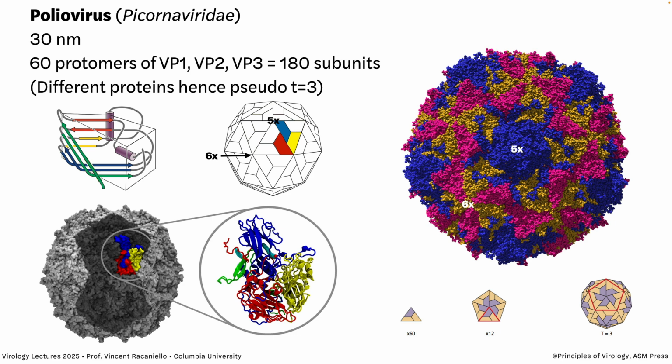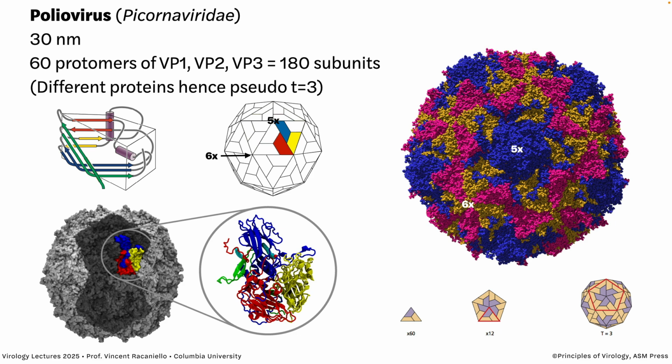So here's an example of a T equals 3. This is poliovirus. 60 structural units, each composed of 3 subunits, but they're different proteins. So we call it pseudo T equals 3. Not important, but you'll see that.